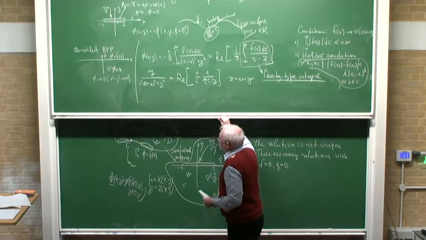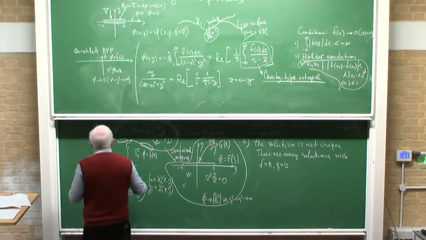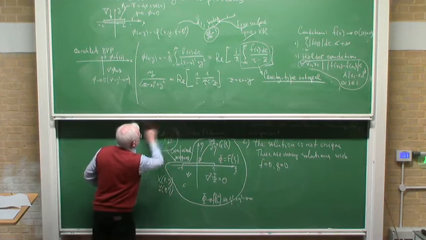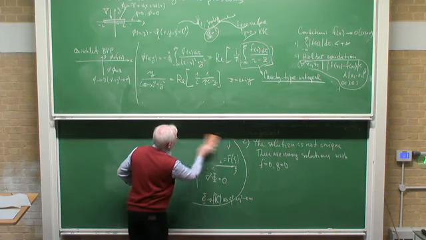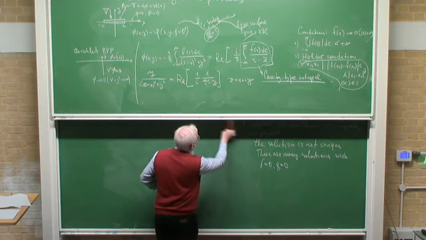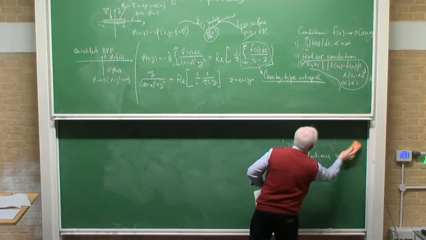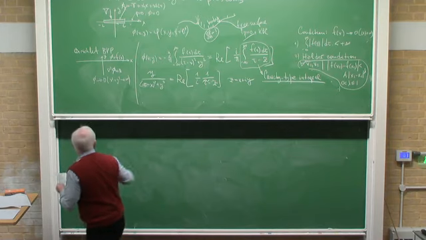To do that, we now introduce a definition. We are saying that a function of complex variable z is differentiable at a point if a certain limit exists.